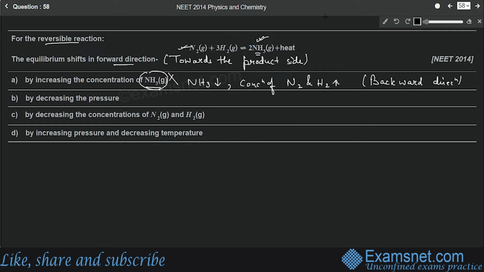Now let's come to the second option, by decreasing the pressure. So for pressure and temperature we have some rules. Let's write down here pressure and this side temperature.